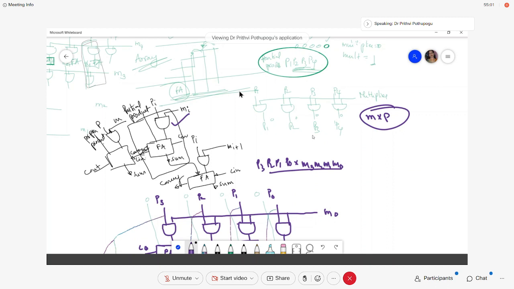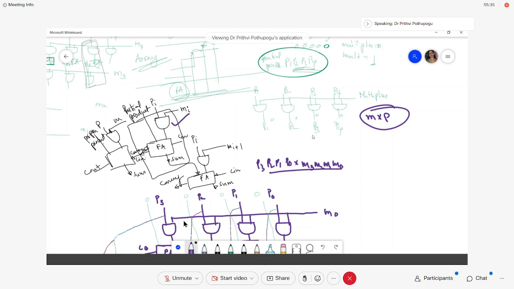Recoded Booth's multiplier is simpler when compared with Booth's multiplier or the array multiplier. The number of gates is huge in array multiplication. That's why we take paired bits, as we have seen in the recoded Booth's multiplier.